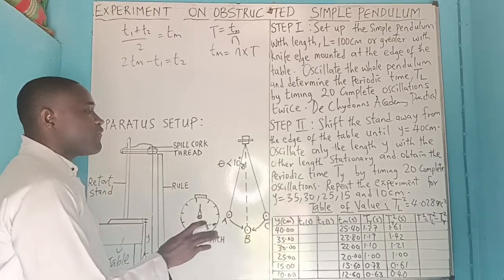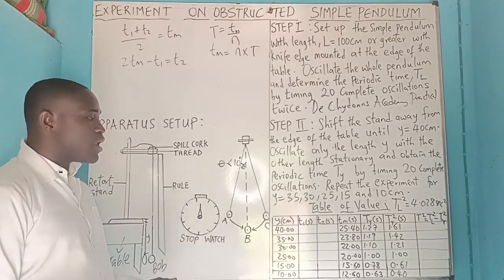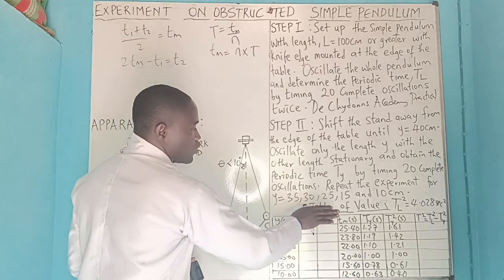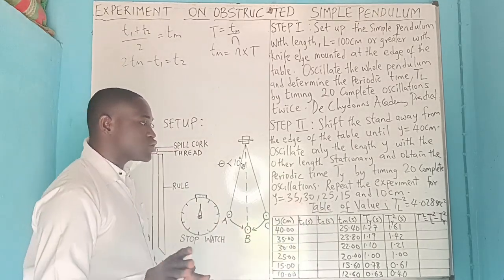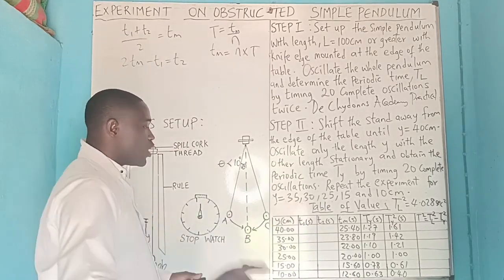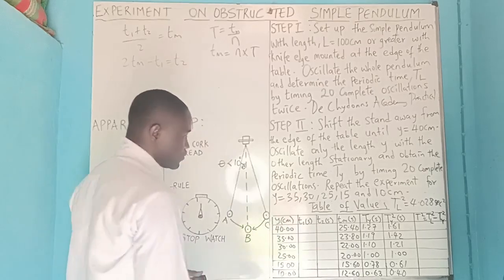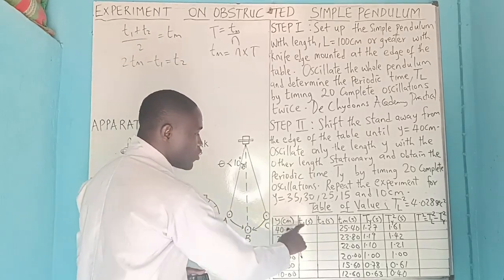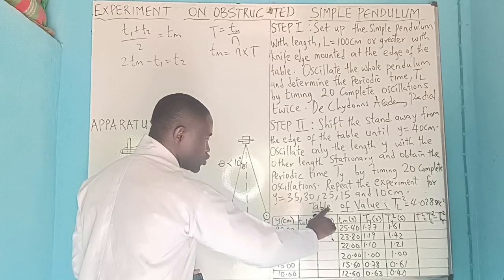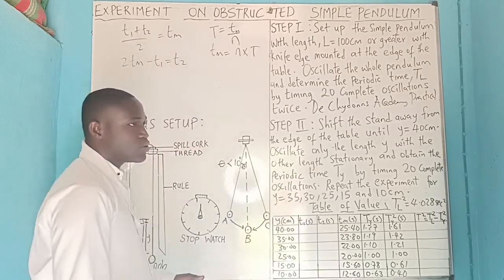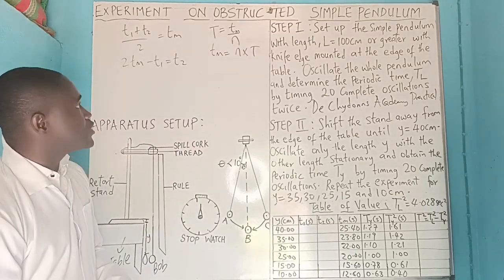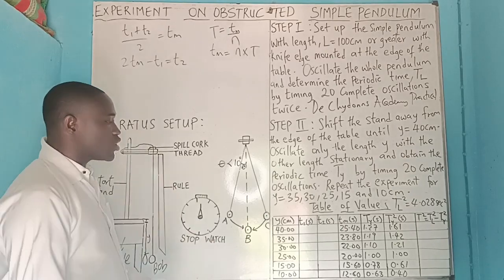Now, because you are performing an experiment on a simple pendulum, we have to see how to get it without touching the apparatus. For your T1 and T2, note that whatever you add to get your T1, you subtract it to get your T2.